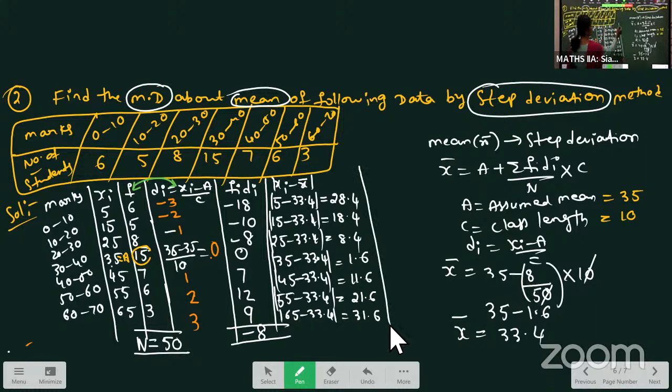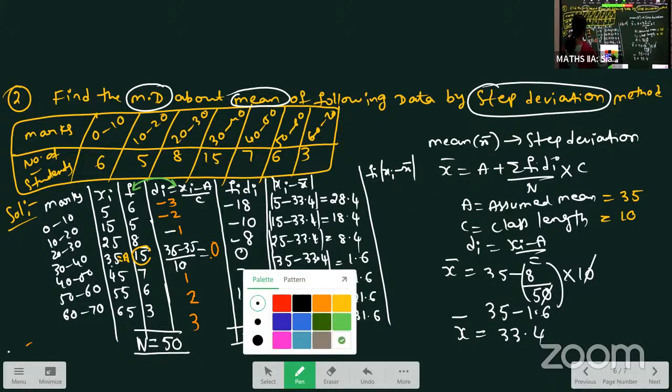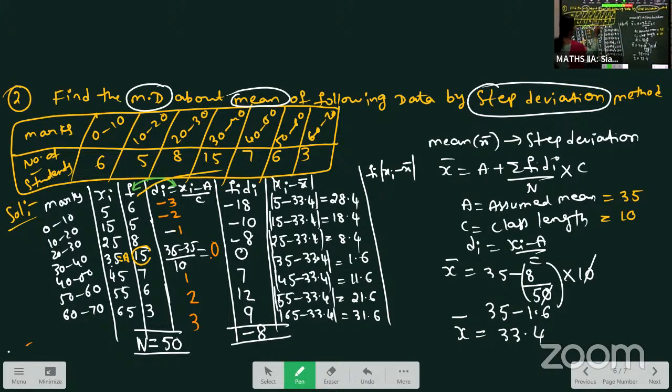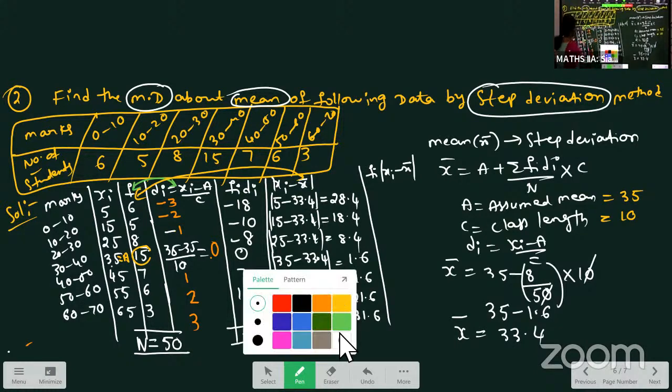At the end, we want the last column, Fi mod Xi minus X bar. What are the values we have to multiply? One is Fi and the other one is the Xi minus X bar column. These two columns we have to multiply. 6 into 28.4.